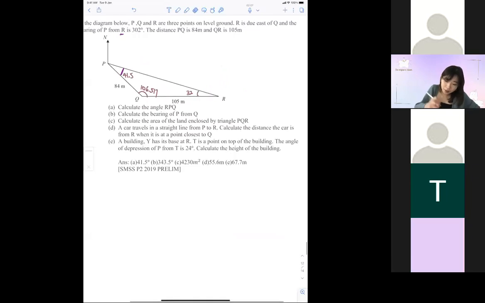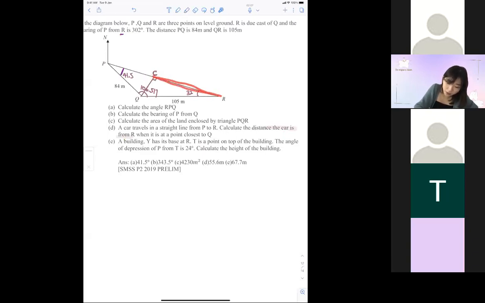So now I have a car who travels from P to R, and I want to know where is my car now if it is closest to Q. So nearest to Q, meaning to say nearest distance is the perpendicular distance. So we are looking at the perpendicular distance. This is your car. Okay, I put C. So you want to find the distance of the car from R. You must find for this length here.